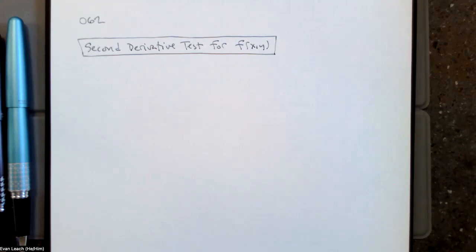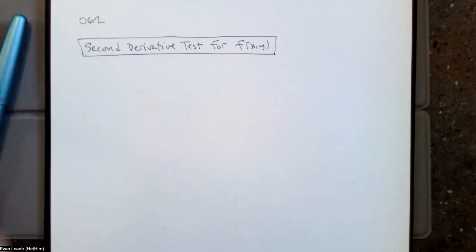All right, so let's look at the second derivative test for a function of two variables. We need to find a way to combine the four second partials.